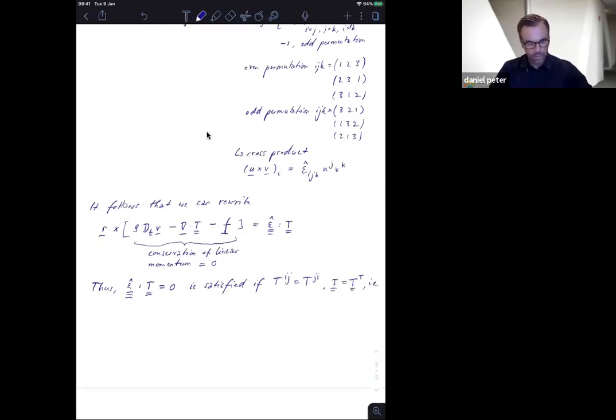That is, the stress tensor T is symmetric. Or in other words, if the stress tensor T is symmetric, the angular momentum is conserved.